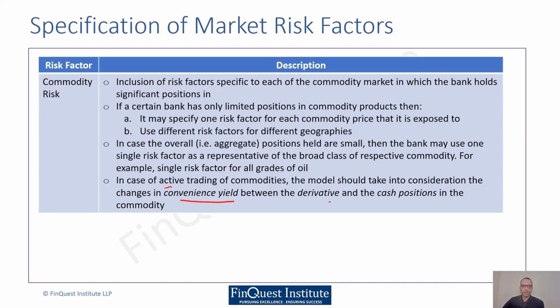Otherwise, convenience yield implies a benefit which we look at whenever we are looking at a derivative vis-a-vis a certain underlying position. So, for example, there could be benefits for, let's say, a tire manufacturer if they have a certain inventory of raw rubber available for further processing. Those are things which we relate from a convenience yield point of view. But it's a very common terminology when we talk about commodity futures.